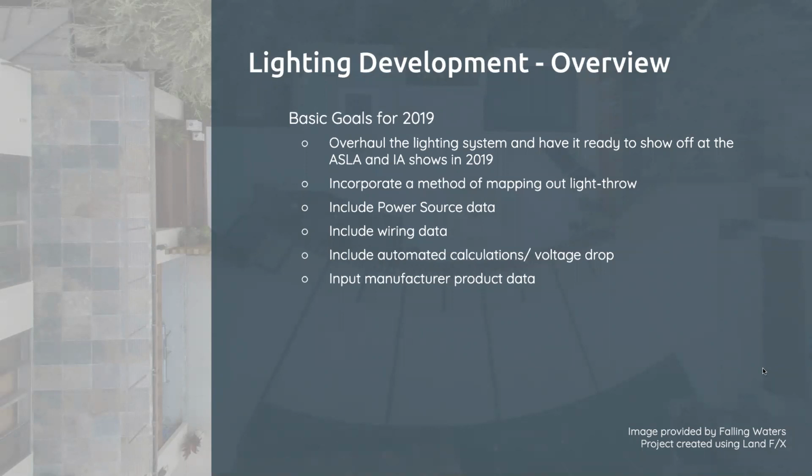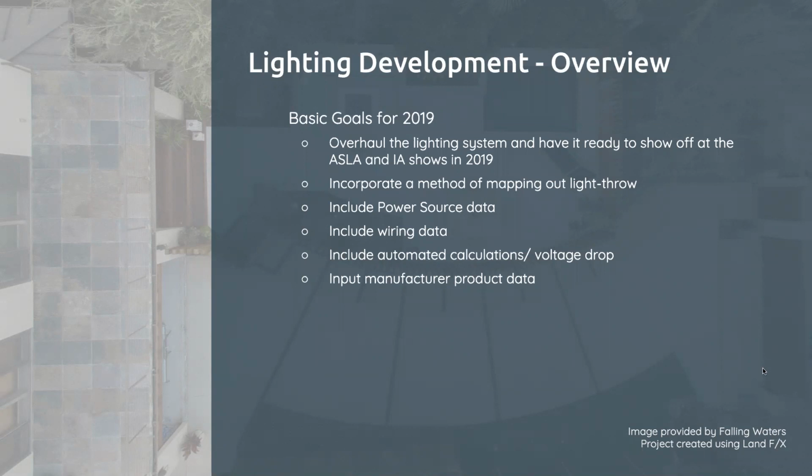Earlier in 2019, we set some basic goals for what we wanted to achieve with lighting in 2019. First and foremost, we wanted to overhaul the lighting system and have it ready to show off for the ASLA and IA shows, which we just completed. We wanted to incorporate a way to map out light throw or use photometrics to show how much light is actually being produced by the lighting fixtures.